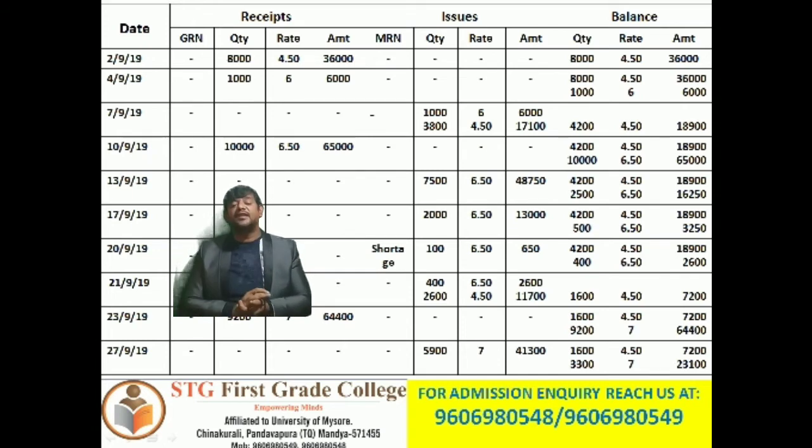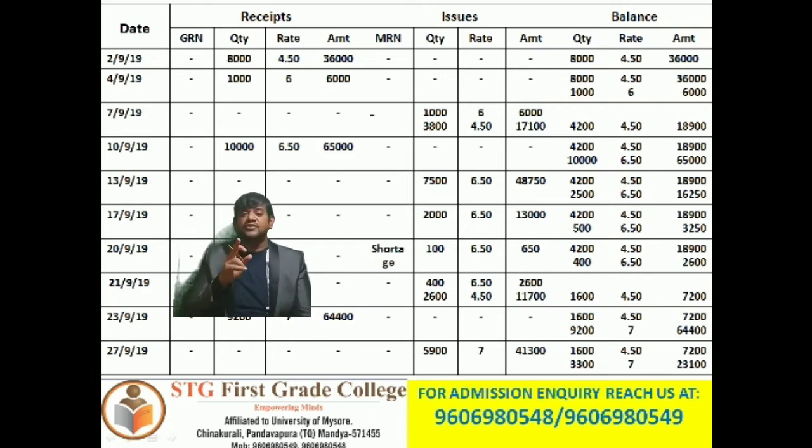So go to the balance column. Copy the balance, that is 4,200 units at rupees 4.50 per unit, which comes to 18,900 rupees. Out of 10,000 units from 10th September, on 13th September I have issued 7,500 units.